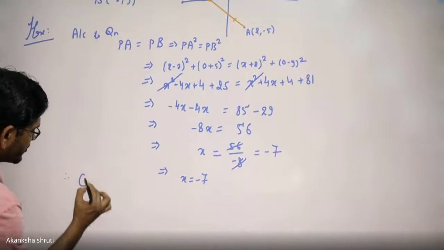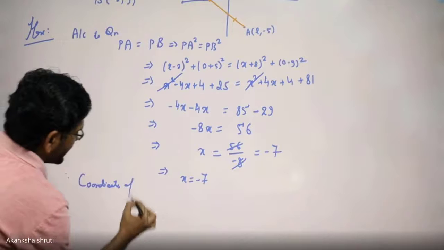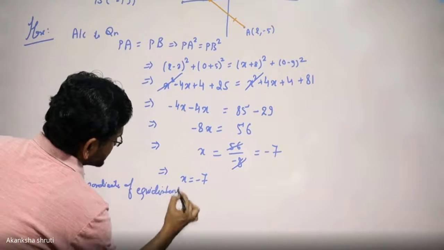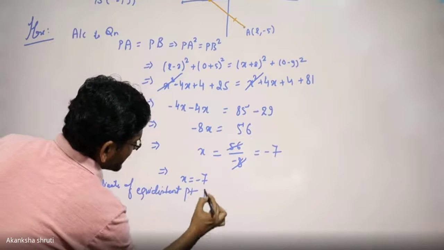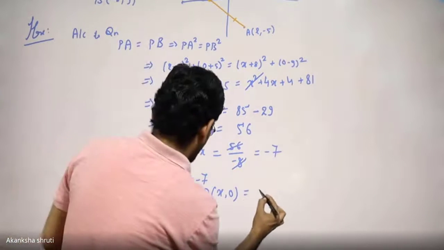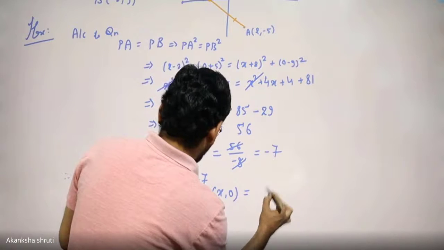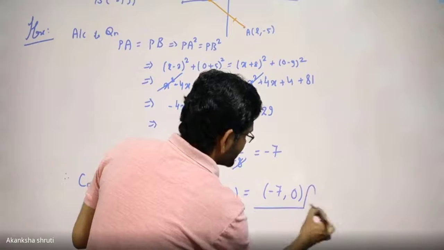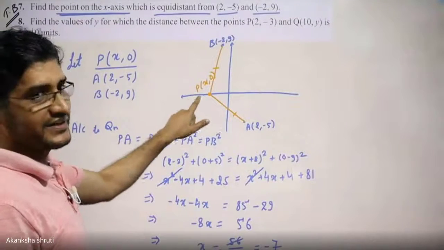Therefore, the coordinate of the equidistant point is P, x0. This x value is minus 7, y is 0. This is the answer.